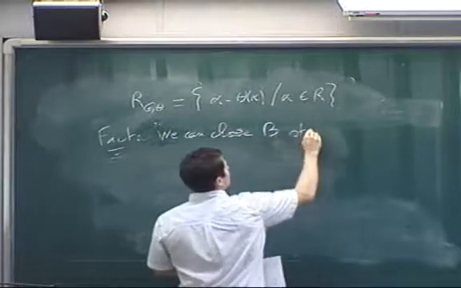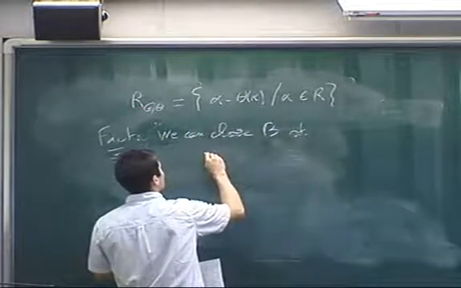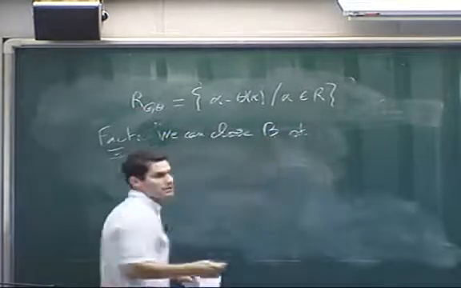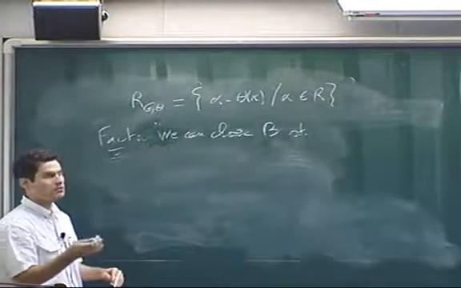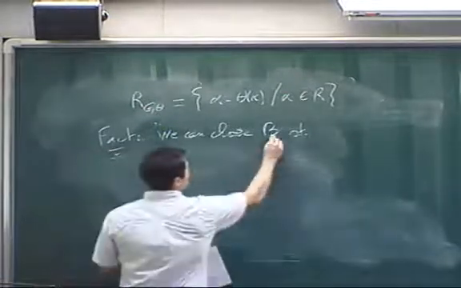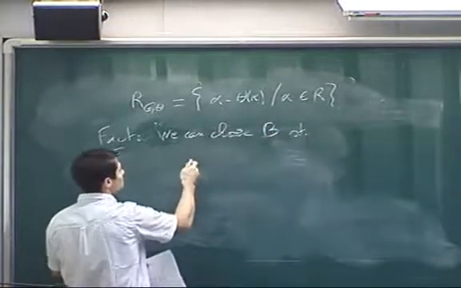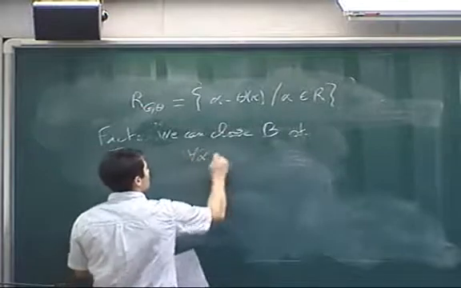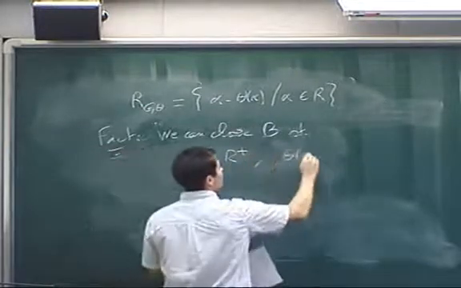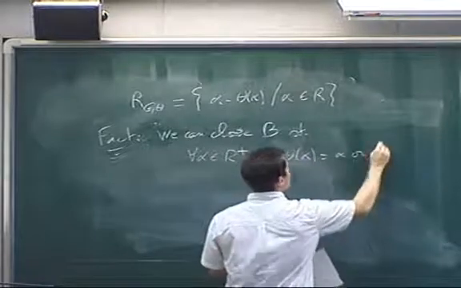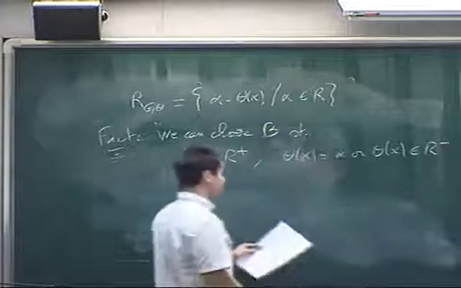So we can choose B such that, when we choose B, we also choose the positive roots. We choose B such that for all positive roots alpha, theta alpha is a negative root.